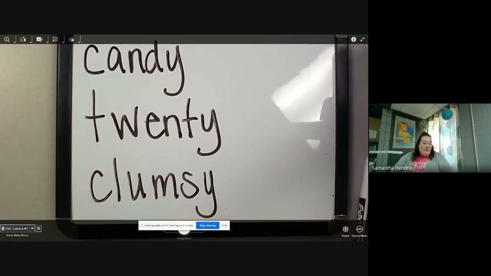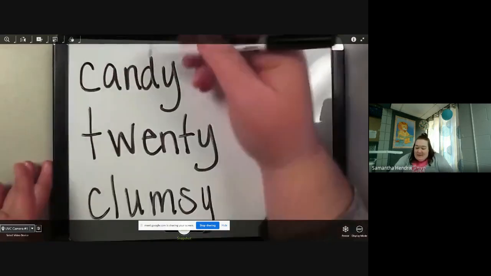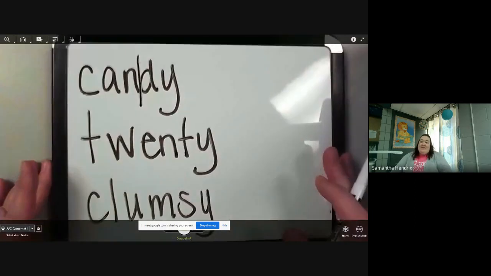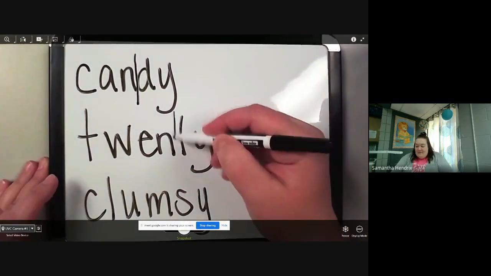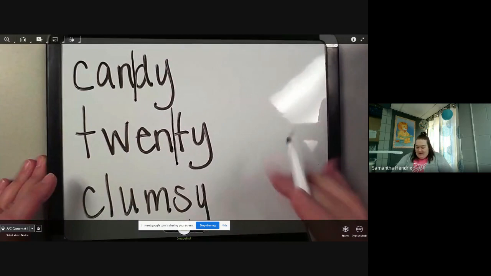So when we code the words, we'll write these. Okay, we have to divide them before we code them. So candy. Okay, so we're going to divide that word into syllables right there. Twenty. Clumsy.